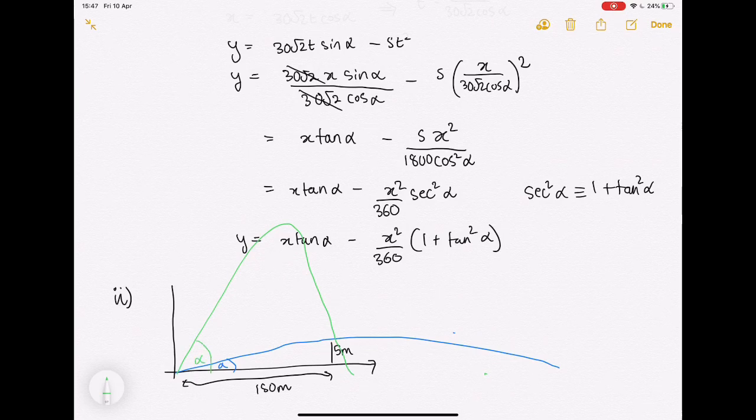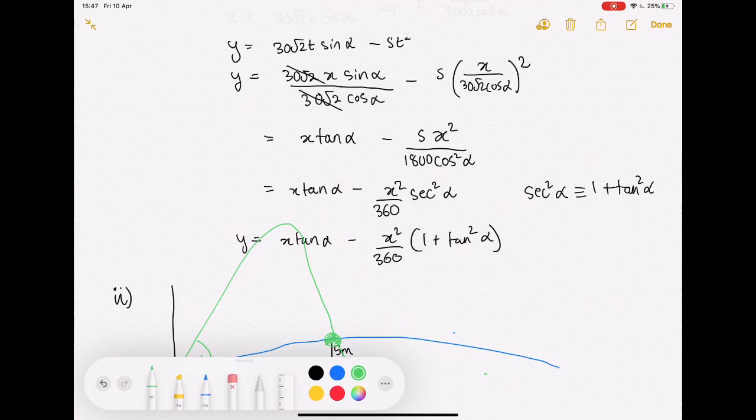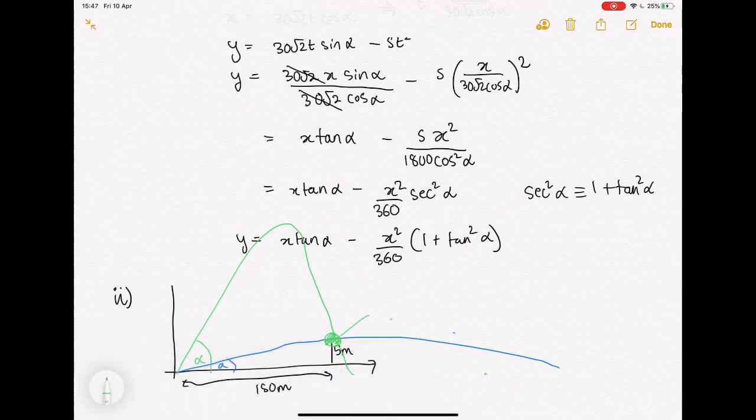So there are two possible values of alpha where it just about touches the top of this tree. What do we know is true in this case? We know that x is 150, and we know that y is 5.